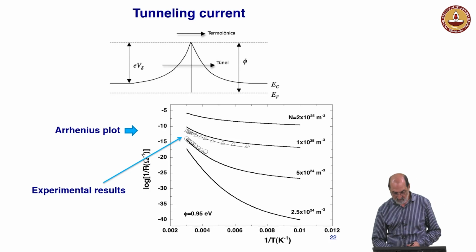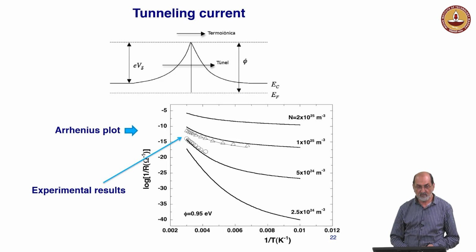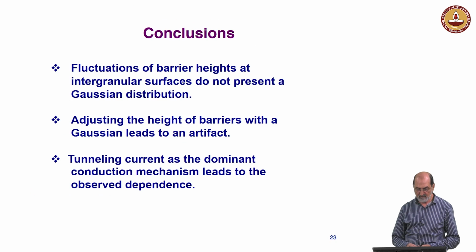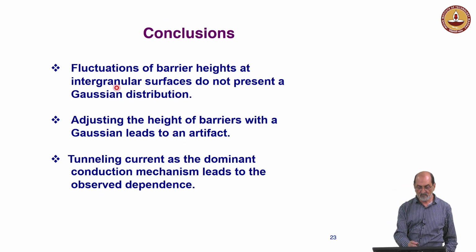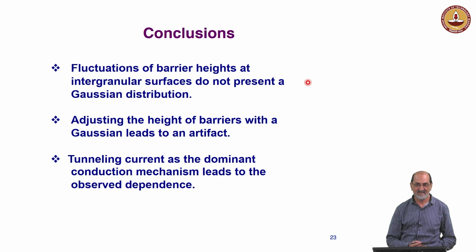Well, this is another piece of information saying that tunneling is important in these things. Okay, then conclusions of these results. Fluctuations of barrier heights at intergranular surfaces do not present the Gaussian distribution.